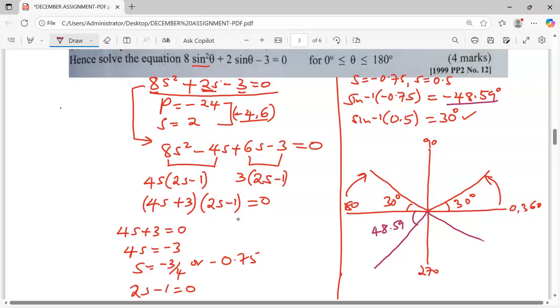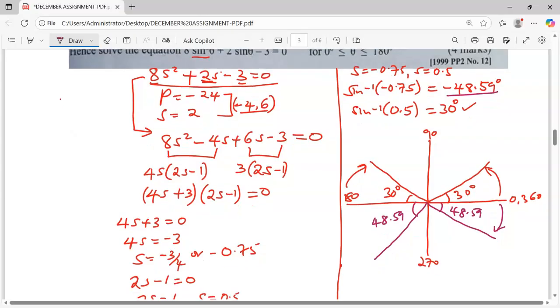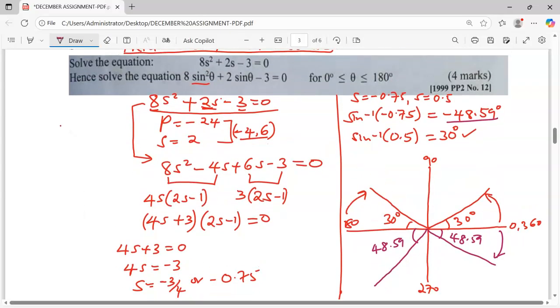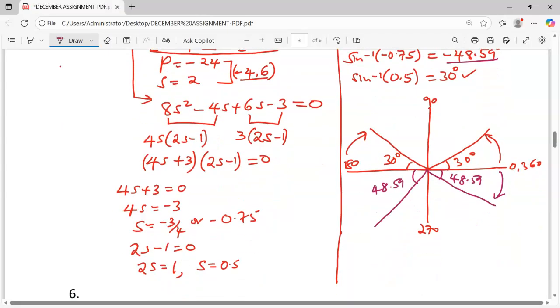We are also going to measure that in the clockwise direction, an angle of 48.59. At this point now, we are going to find all the angles that lie between 0 and 180 degrees.